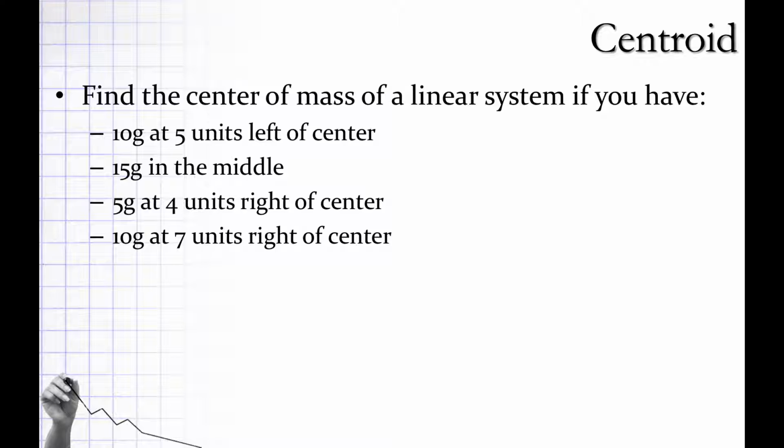Okay, so how do we find our centroid? We have to take our moments. So what is our moment for this first? -5 times 10 plus 15 times 0 plus 5 times 4 plus 10 times 7.